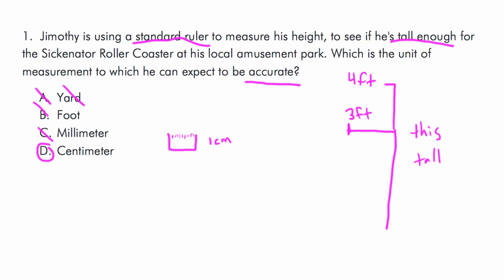So before I move on, in thinking about this skill, sometimes it's going to be too big, like letter A and letter B. And sometimes I think this is actually too small. If I was measuring the height of a tiny little object, I would want to use millimeter. If I was measuring the distance of a field, I would probably want to use a yard. If I'm measuring the height of a person with a roller coaster, I'm probably going to use a centimeter.